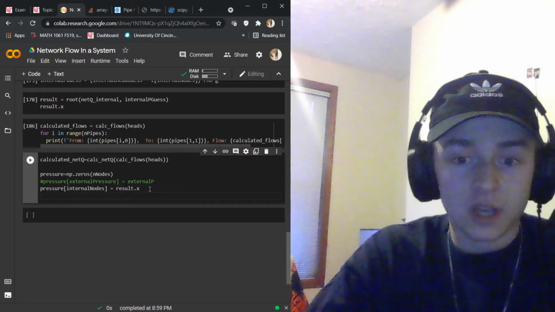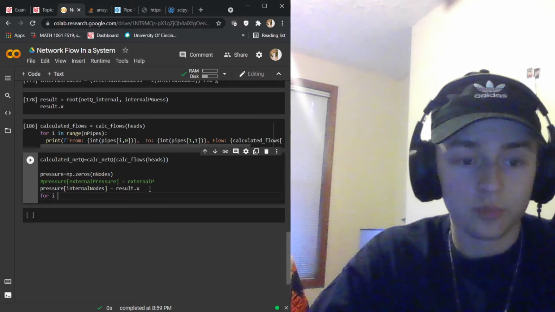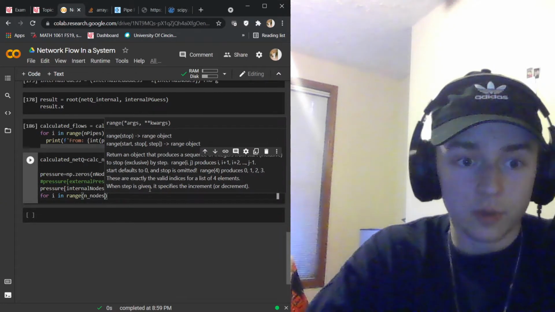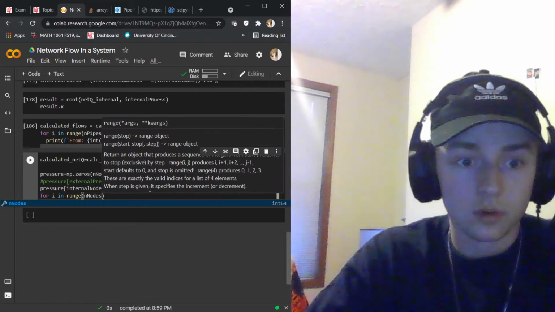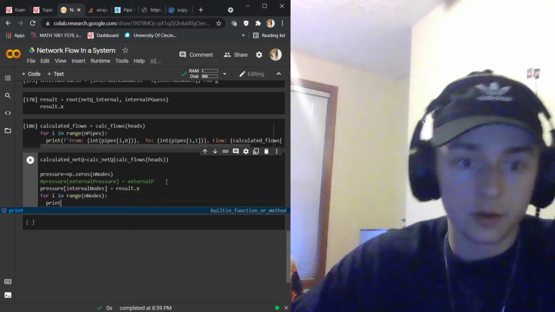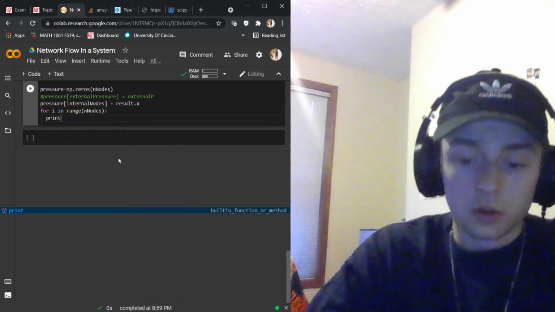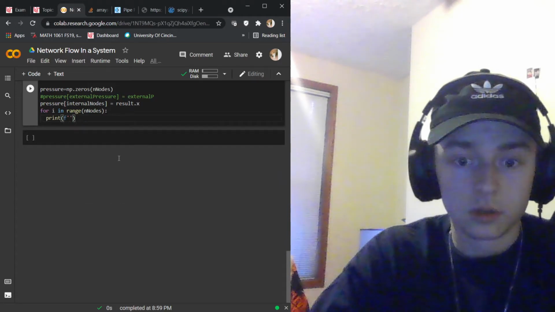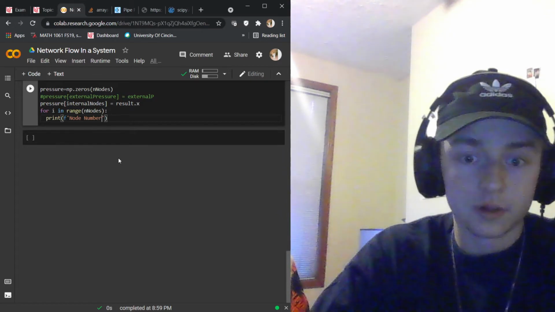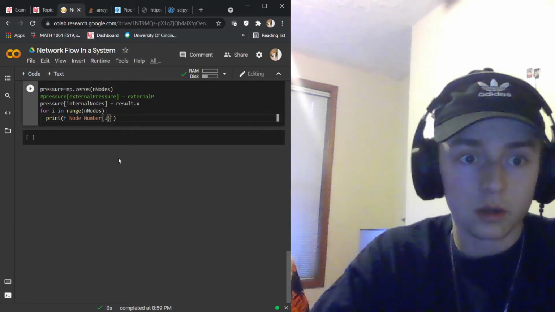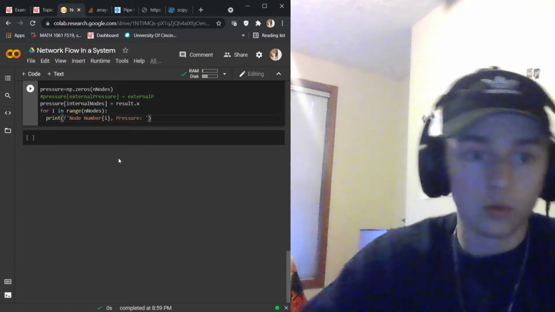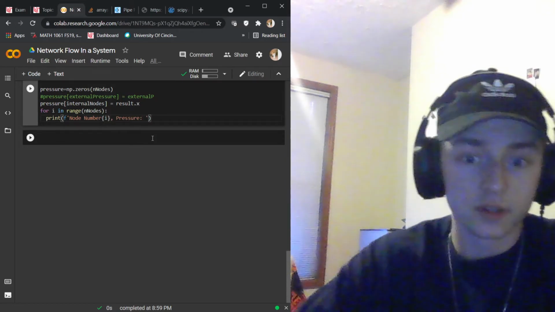And then we can say that, again doing the same print method, for the number of nodes that we have, we want to print that our node number is I, and then we want our pressure. Actually, no, that makes sense.